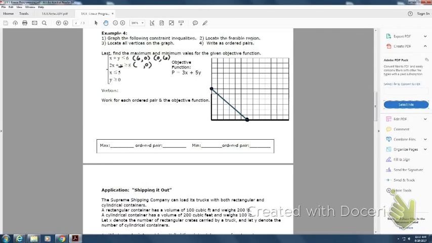I ignore my y term. So now I've got 2x equals 8. So what is my x-intercept? 4. 8 divided by 2 would give me 4. And then my y would be 0, 8.